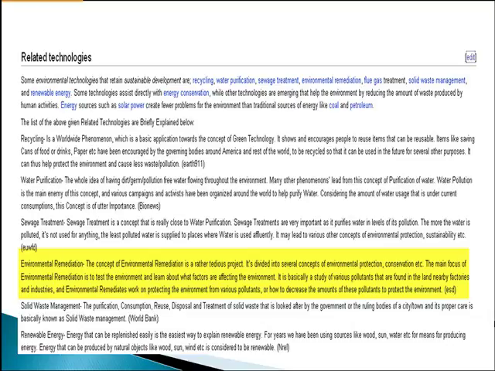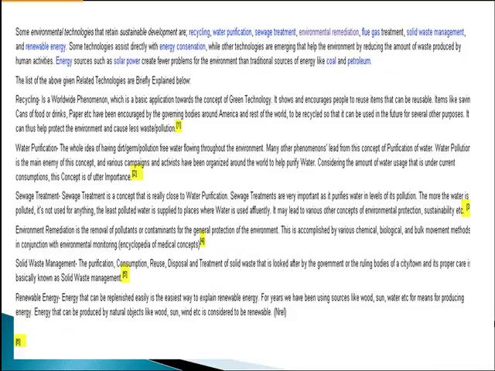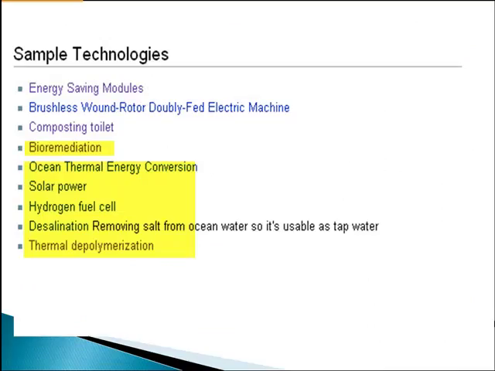I went and verified the references and the inline citations, and I put those references up for him. I also added some upcoming technologies like bioremediation, ocean thermal energy conversion, solar power, hydrogen fuel cell, desalination, and thermal depolymerization.